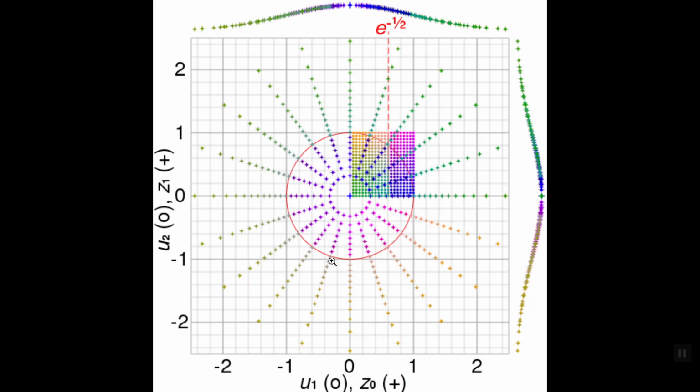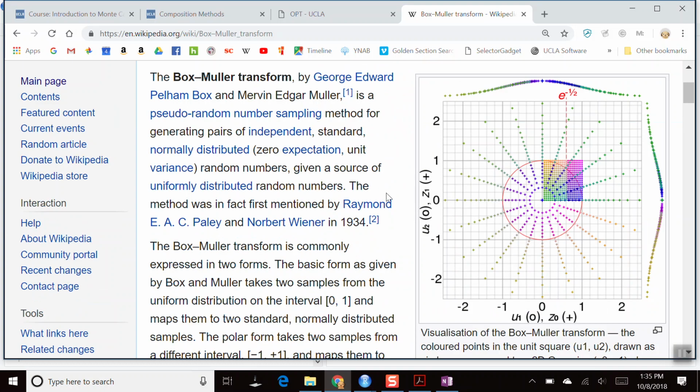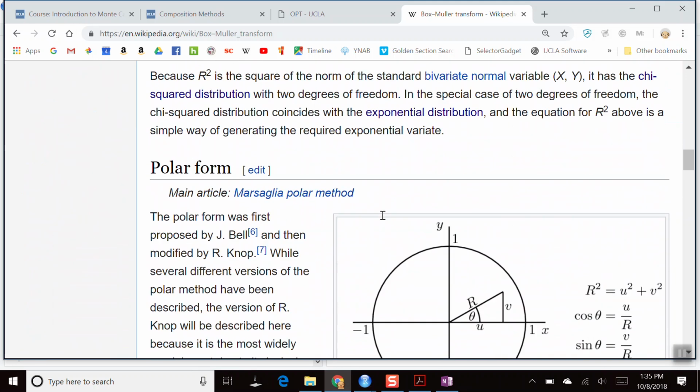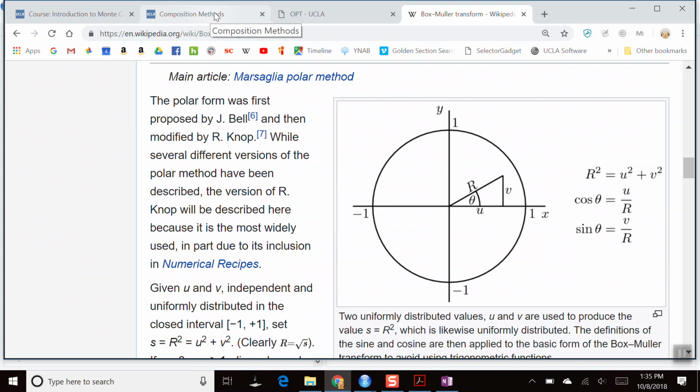Okay, so this is what it has. So values out here get mapped that way. Okay. All right.